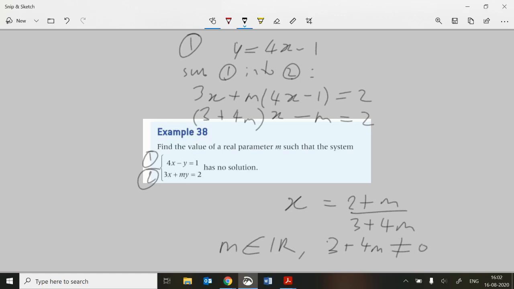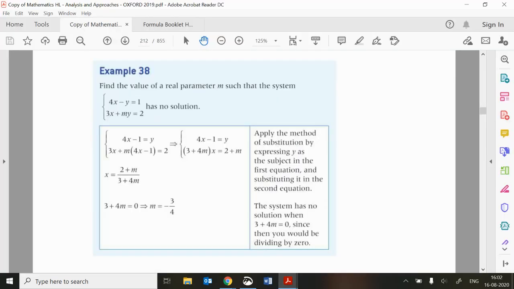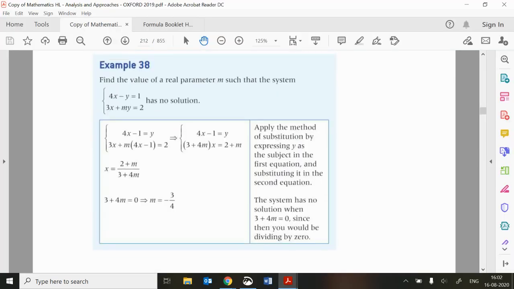Now, if we solve that inequation, then if you take the 3 to the other side and then divide by 4, you're going to get minus 3/4. Okay, let me just check that that's the way the book has done it as well. So m is equal to minus 3/4.